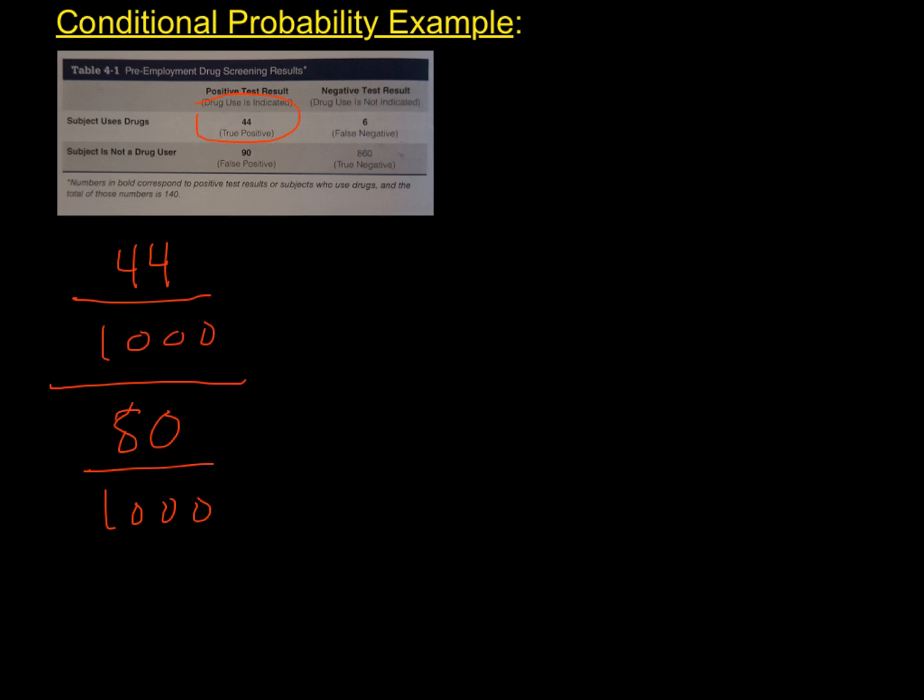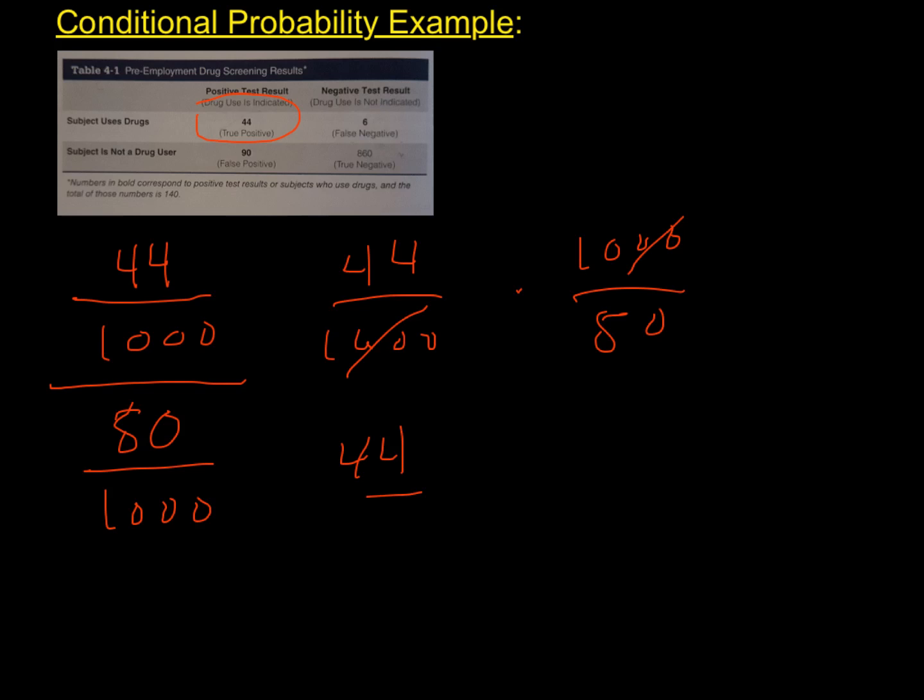So to do that, I would simply multiply by the reciprocal, so I've got 44 out of 1,000 times 1,000 over 50. My thousands cancel out, and I'm left with 44 over 50, which works out to be about 88%.